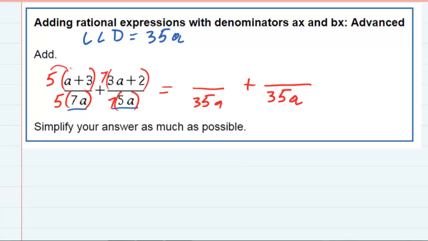So I'm going to have to distribute the 5 times a to get a 5a, and then also distribute the 5 times the 3 to get 15 for the first term, and then also distribute the 7 for the second term. 7 times 3a, 21a, and 7 times 2, 14.